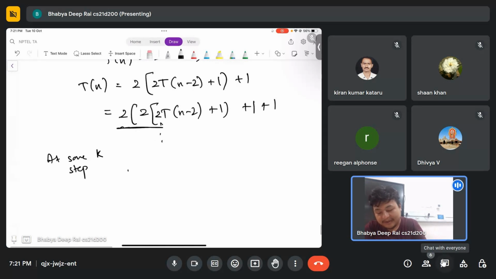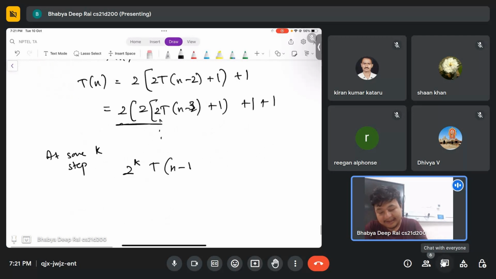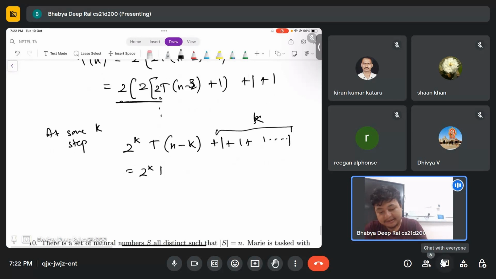these 2's will multiply to give 2 to the k. Okay, T of n minus, this will be 3, sorry, n minus k, plus 1 plus 1 plus 1 and so on. How many times? k many times. That's nothing but 2 to the k T of n minus k plus k.